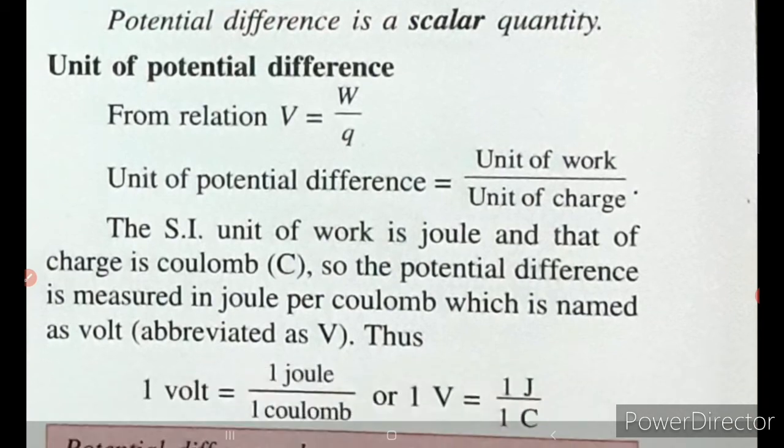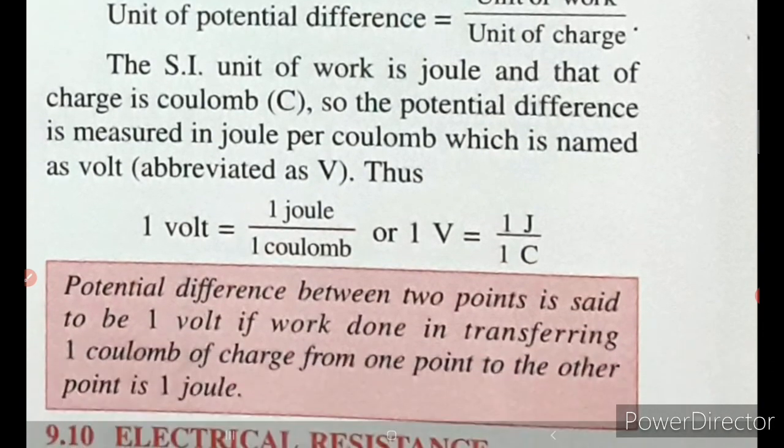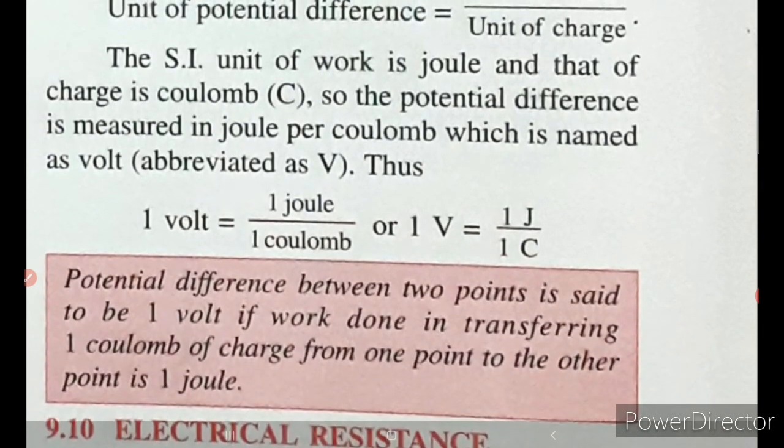Thus 1 volt equals 1 joule per 1 coulomb. Okay, so this is the definition of potential difference of 1 volt. Potential difference between two points is said to be 1 volt if the work done in transferring 1 coulomb of charge from one point to the other point is 1 joule.